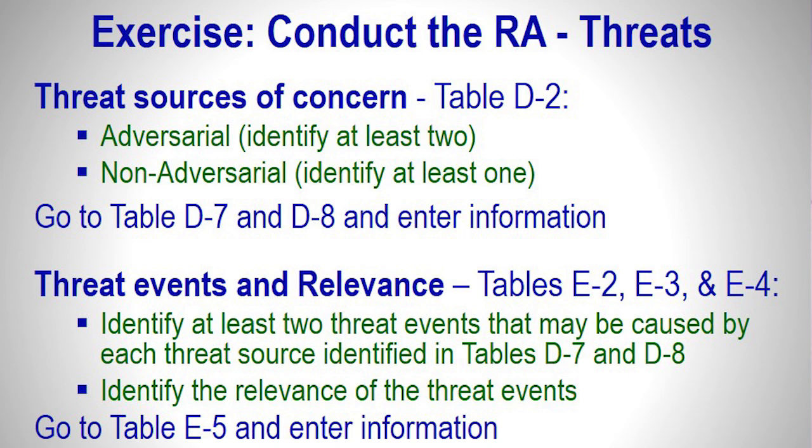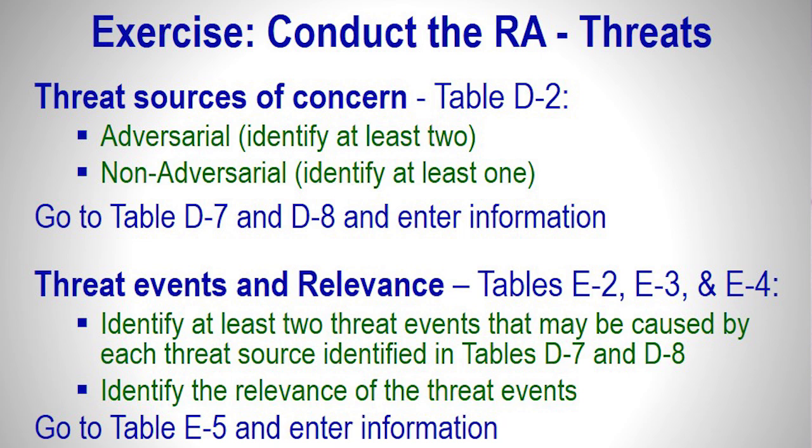But anyway, it's a very large table that you can select adversarial threat events from. If you can think of other threat events that aren't on that table that are more relevant to your situation or to the threat source, then absolutely use your own ideas.